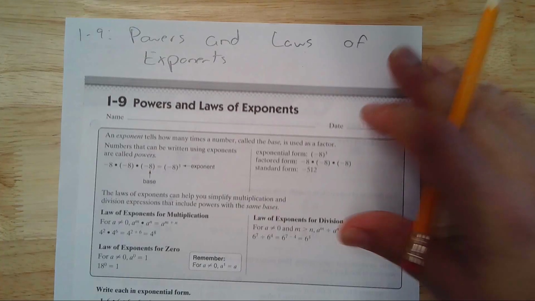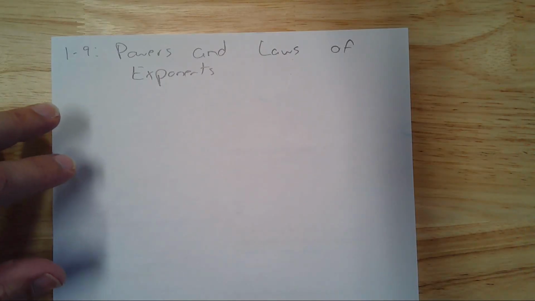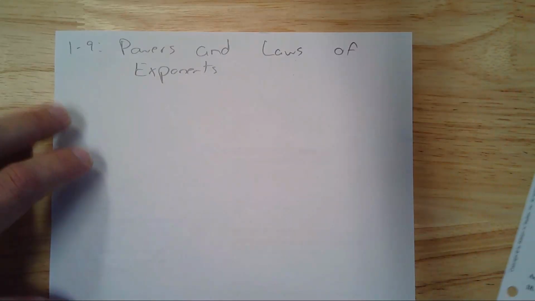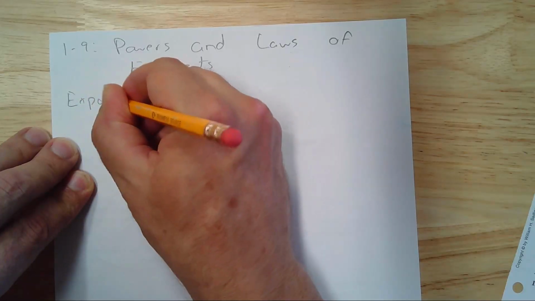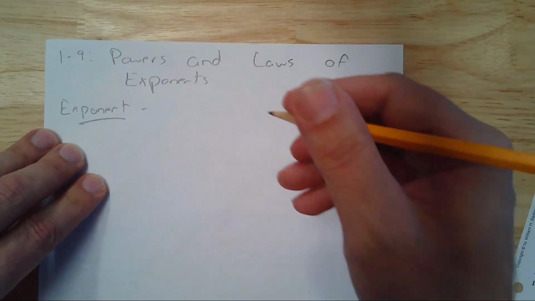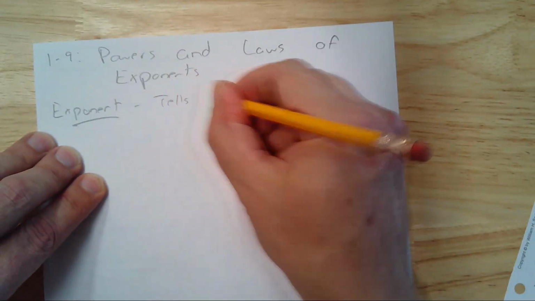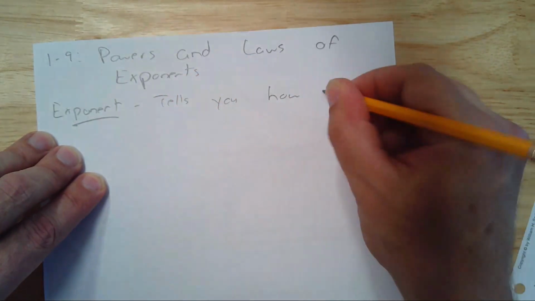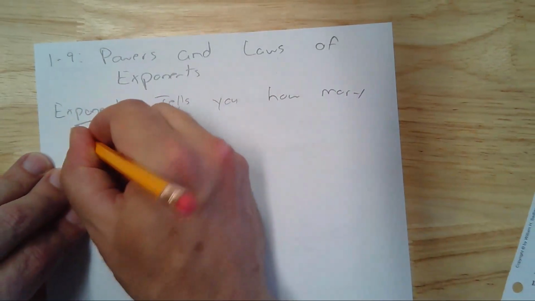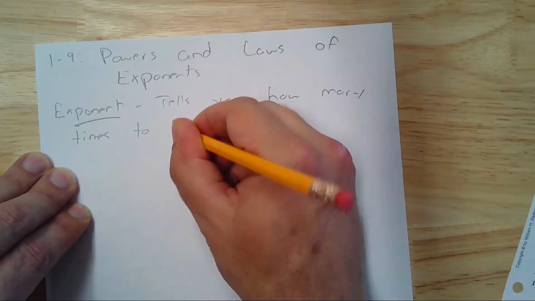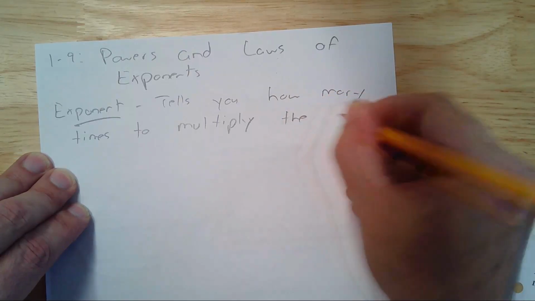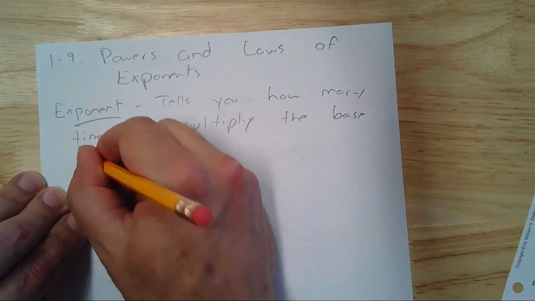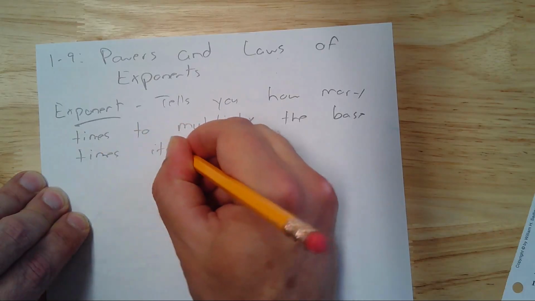We will start in our vocab area. So, exponent. What's an exponent? Tells you how many times to multiply the base times itself.